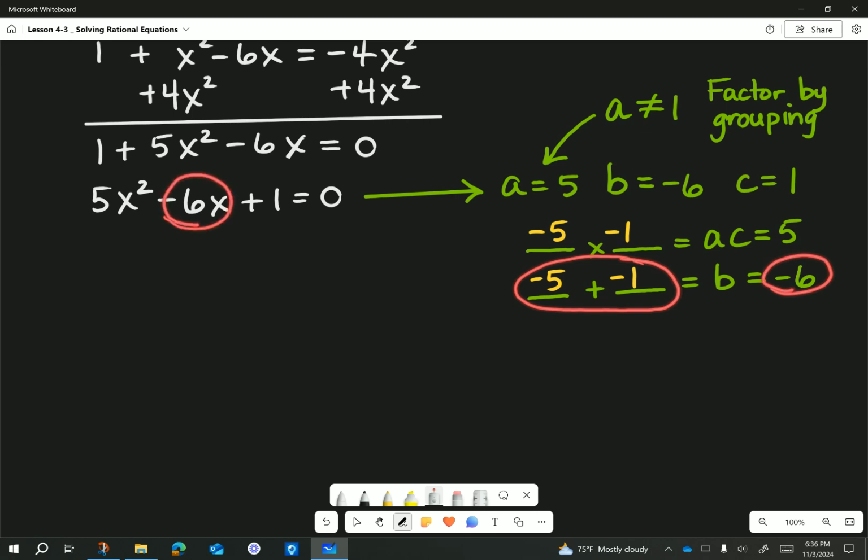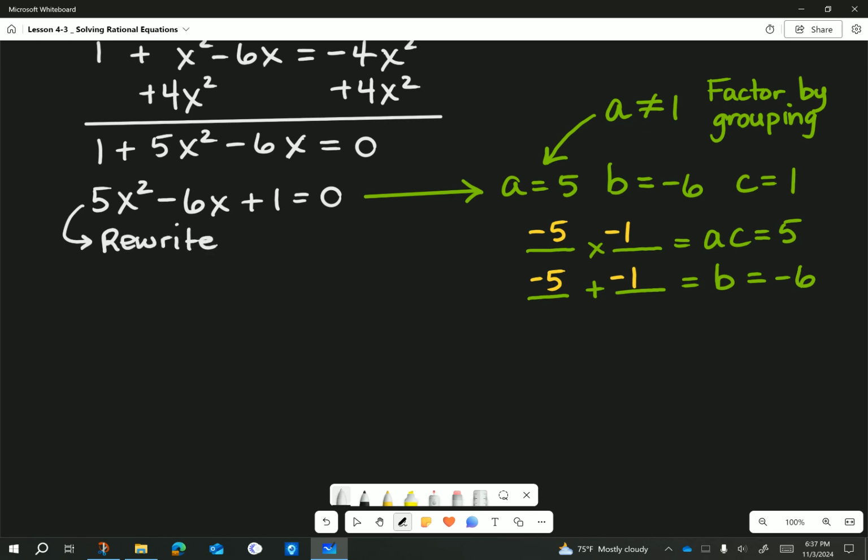So I'm going to replace this term with negative 5 plus negative 1. So rewrite trinomial as 4 terms so that we can do grouping.